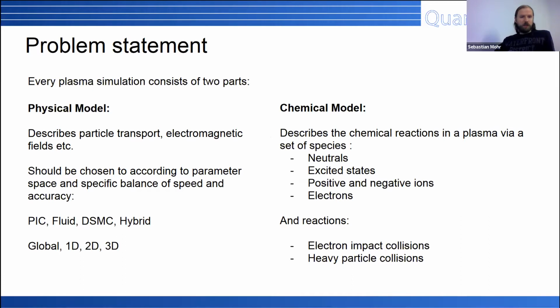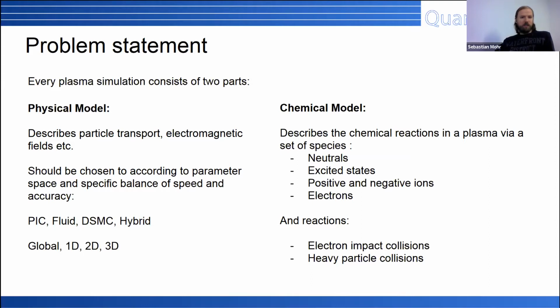The best well-known are the particle-in-cell, or PIC, simulation, which simulates the plasma on a particle level, and the fluid simulation, where you approximate the plasma via fluid equations. There is also the direct simulation Monte Carlo, which is another flavor of particle simulations. And there also exist hybrid simulations, such as the HPEM, which powers our own plasma simulation, which combines the fluid and the particle approach.